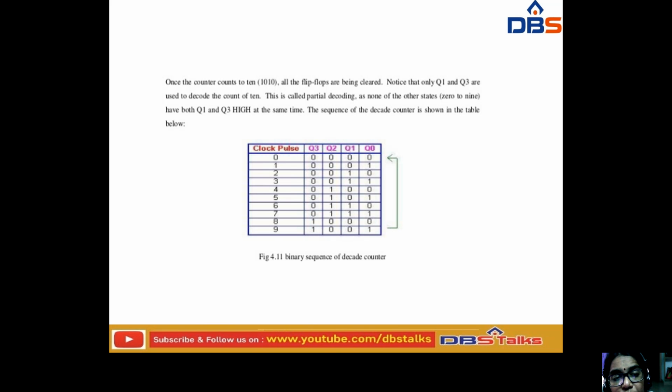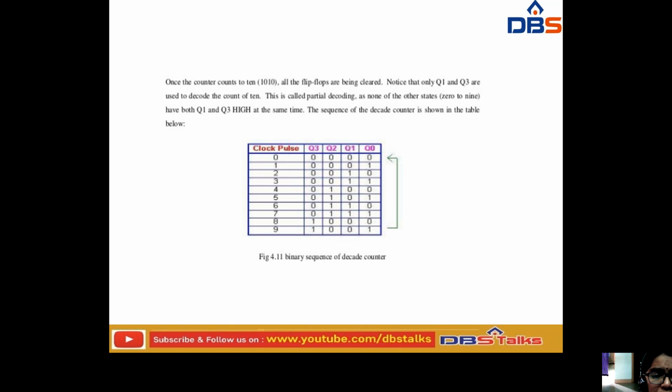Notice that only Q1 and Q3 are used to decode the count of ten, and none of the other states. So here both Q1 and Q3 are high at a time.